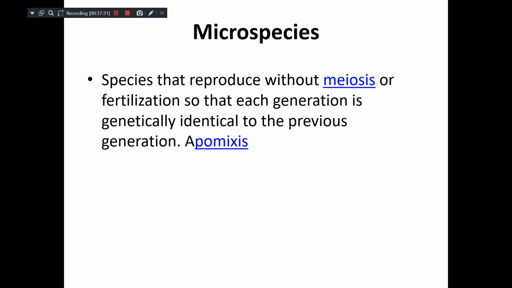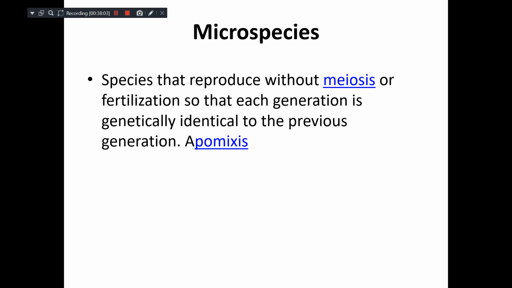Because only mitosis, where equational division has taken place, and both the parent and the daughter population are identical with respect to their genetic combination. Apomixis is an example.